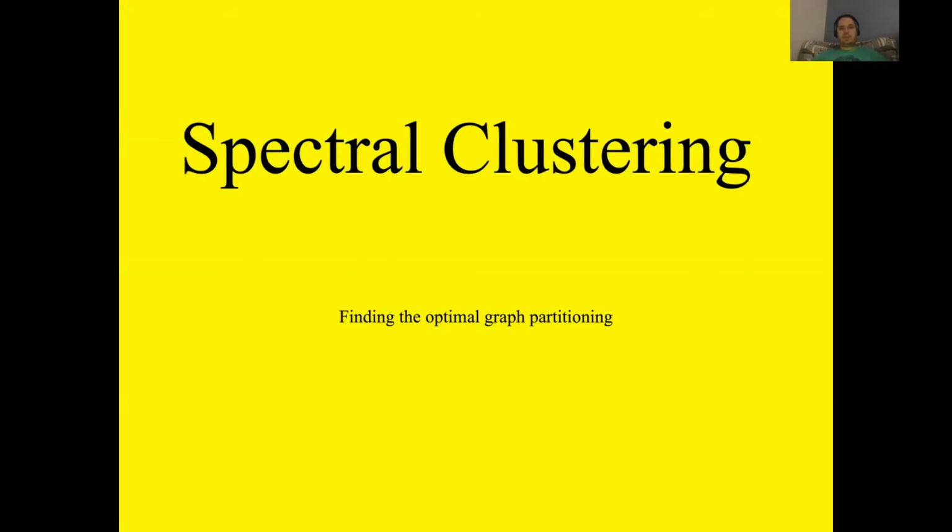We're gonna talk about spectral clustering, which is basically finding an optimal graph partitioning. The difference in this case is that we are actually not going to remove or add one edge at a time as we did before, one step at a time. We're actually going to go straight to partitioning the nodes.